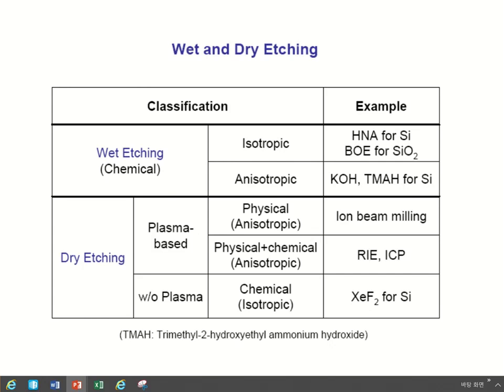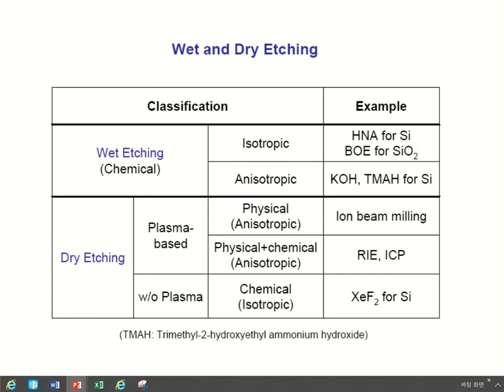Dry etching, you can use either plasma-based method or without plasma. Okay, with the plasma-based one, we can use the physical or physical plus chemical. For physical, you can use ion beam milling. Physical plus chemical, you have RIE or ICP available.